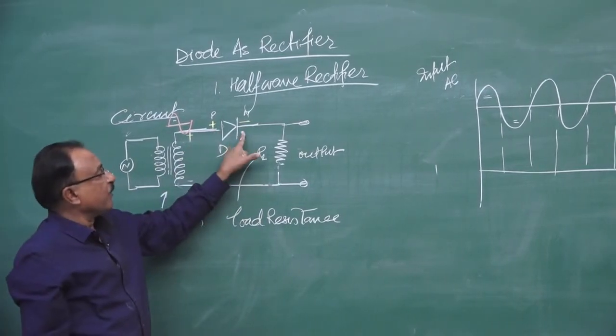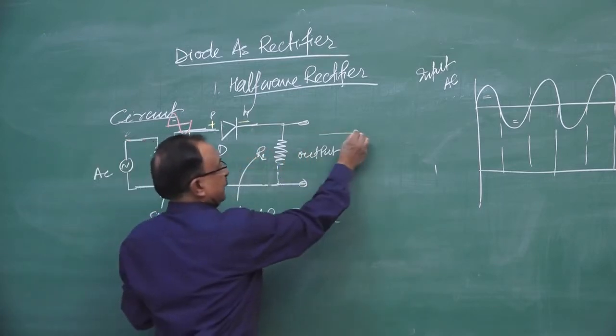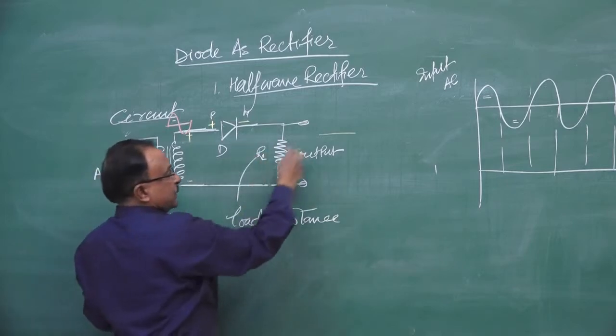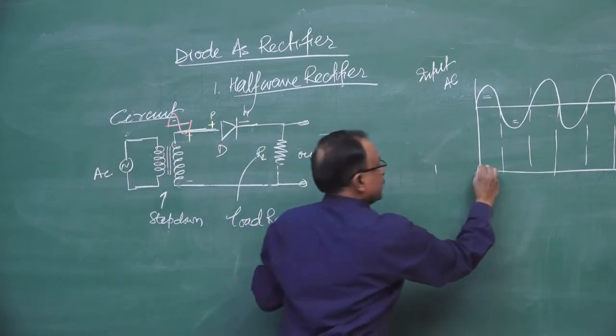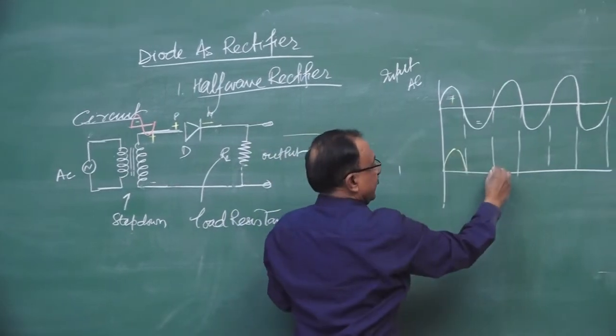So the diode gets forward biased. P positive and N negative means forward bias. The diode will conduct, just like a circuit switched on. The current will flow across the load resistance and we get the current. So whenever there is a positive cycle, we get current.